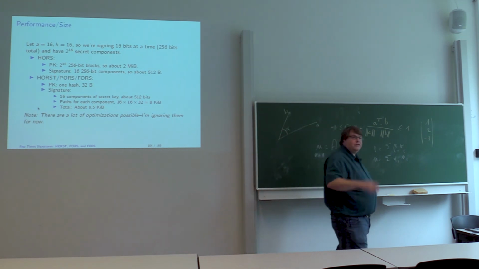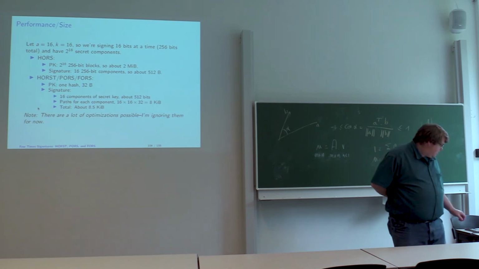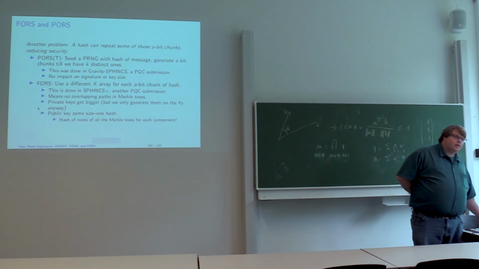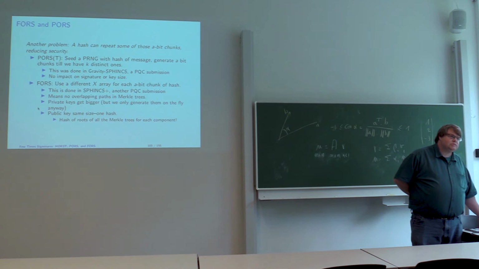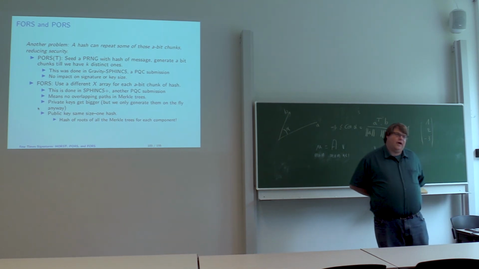All right. Yes? Go back a slide. You said that FORS is less efficient than PORS. So why did you choose Sphincs+ over Gravity Sphincs? Well, Sphincs+ had actually worked through their parameters, so they were giving us shorter signatures.